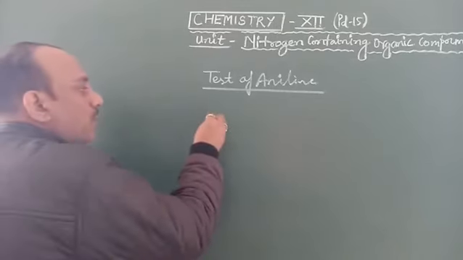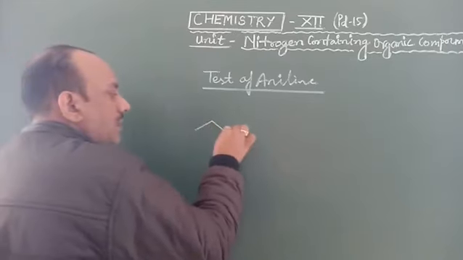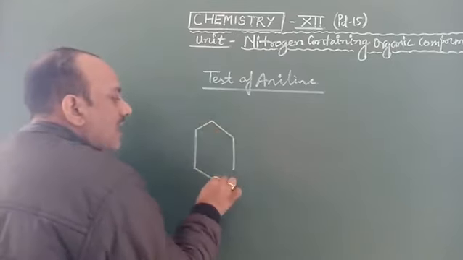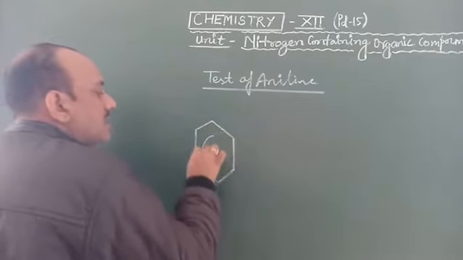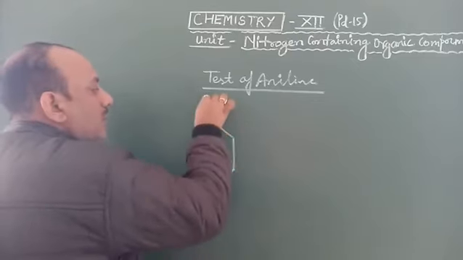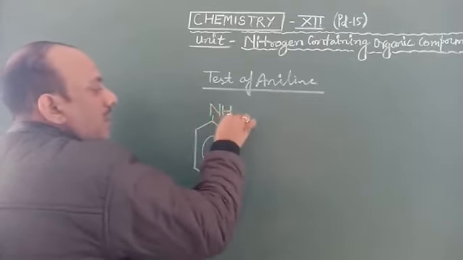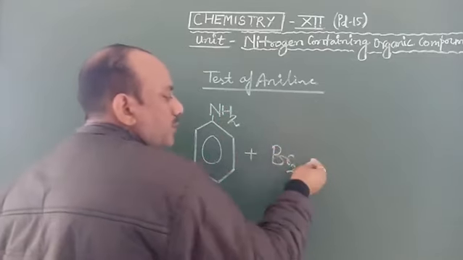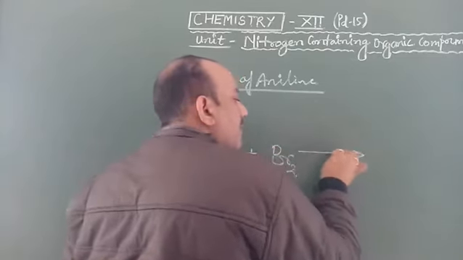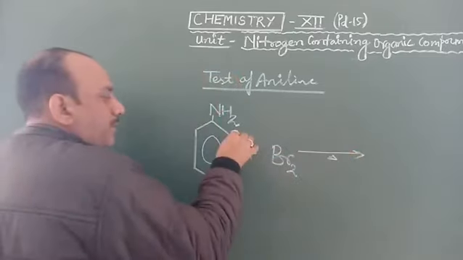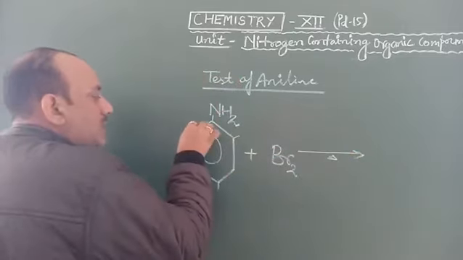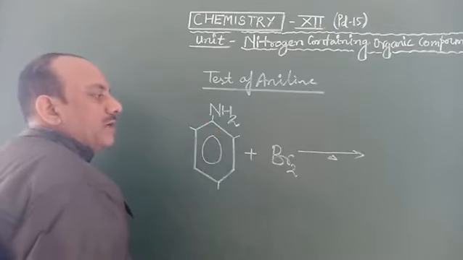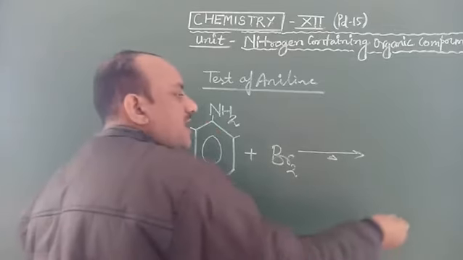When aniline reacts with bromine water, the structural formula of aniline is C6H5NH2. It reacts with bromine water, an excess quantity of Br2. Then it loses its hydrogens, which combine with bromine to form HBr.